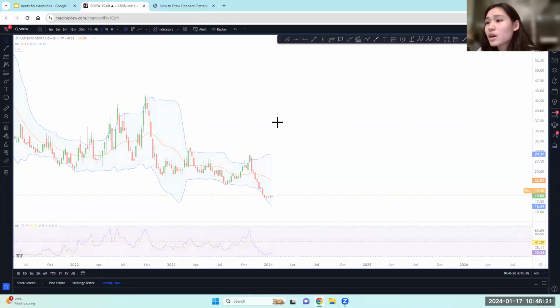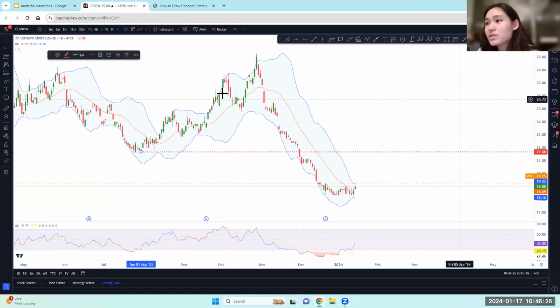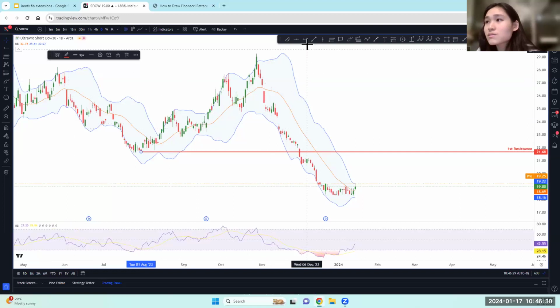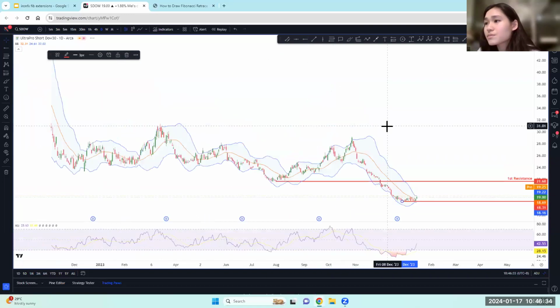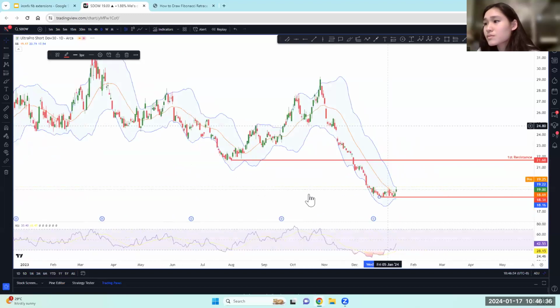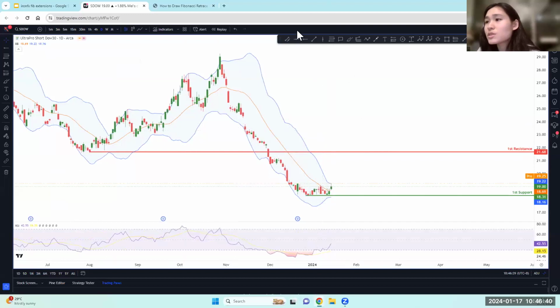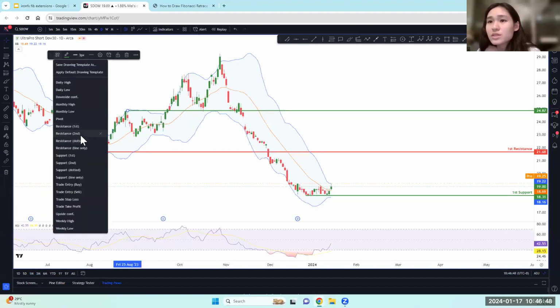Okay, I'm just going to go in and add some support and resistance levels. So here's our first resistance. Here's our first support. And here's our second resistance.